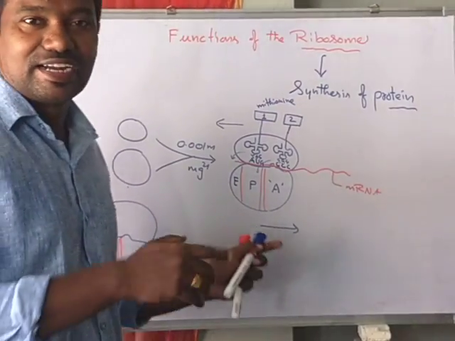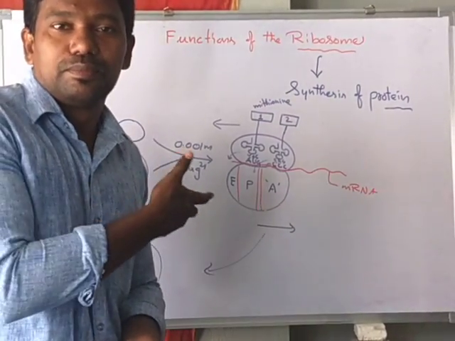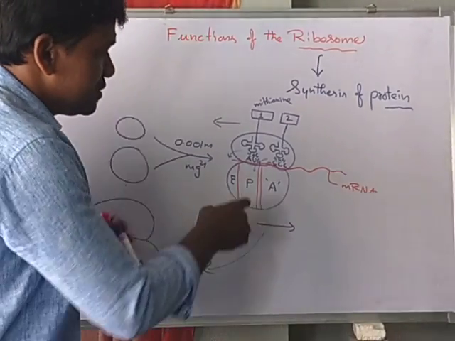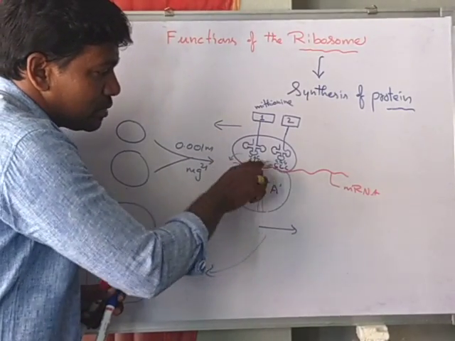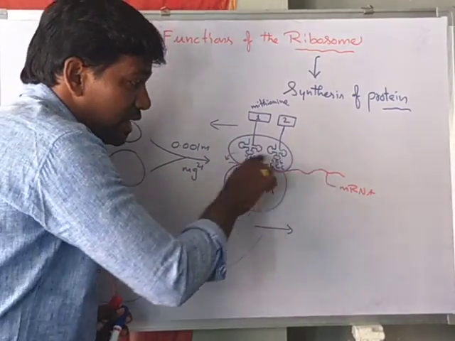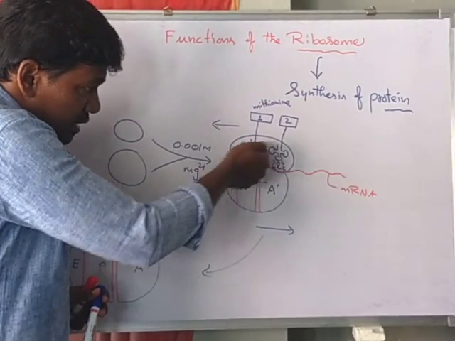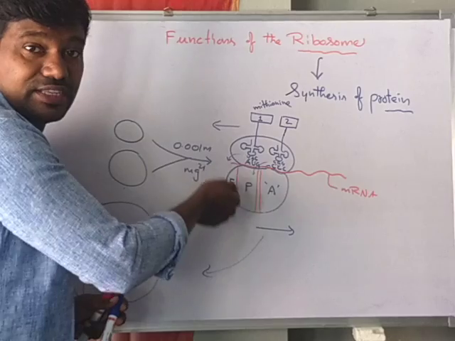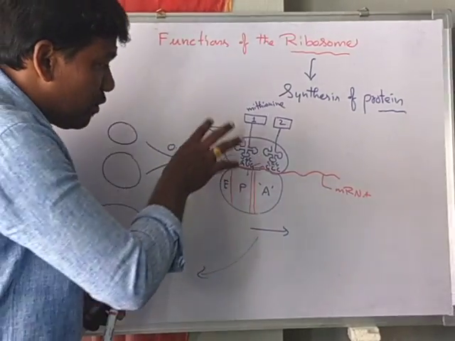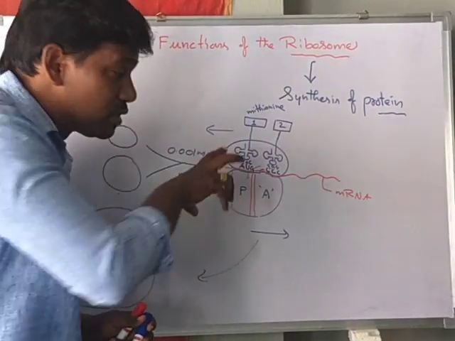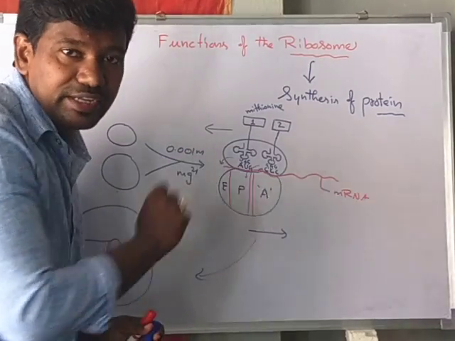In this video, I continue the mechanism of protein synthesis. When the ribosome moves over the mRNA in this direction, the tRNA comes from the opposite direction of the ribosome. So what happens when the ribosome moves over the mRNA?